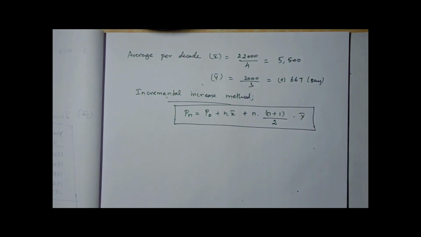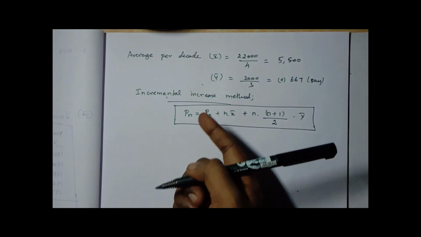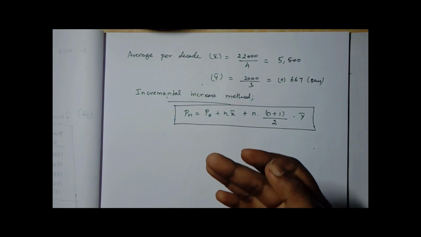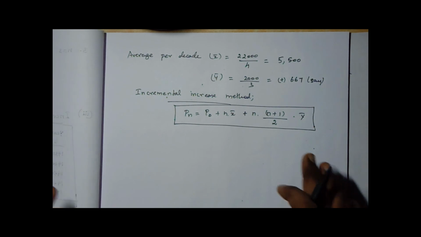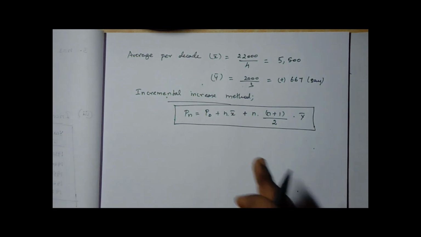When we substitute all these values, we can find the population for each and every decade using this incremental increase method.